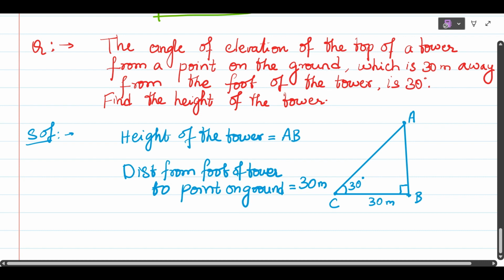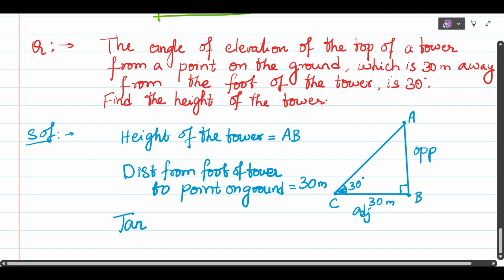Now how to solve this? For the angle at point C, what is its opposite side? AB is the opposite side and BC is the adjacent side, isn't it? So think about the ratio which has opposite side and adjacent side. It is nothing but tan.